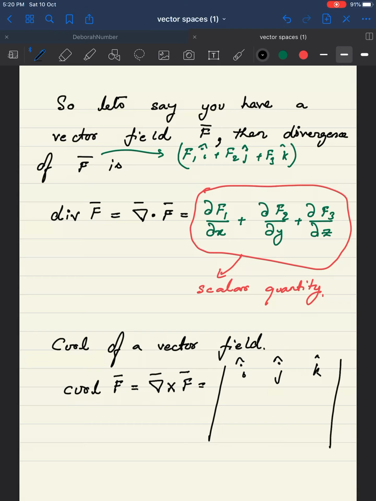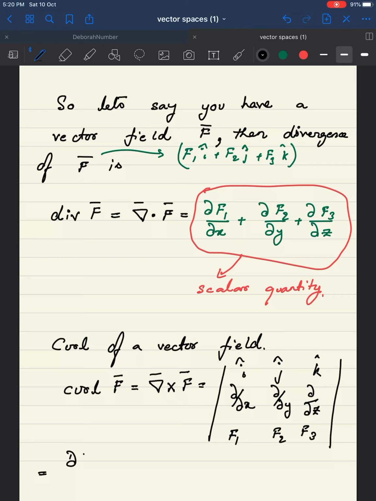So if I have to write the determinant, do you remember how to write the curl? I will first write down the unit vectors for the first vector involved in the curl operation, and then I will write down f1, f2, f3. I hope you remember how to open this up.